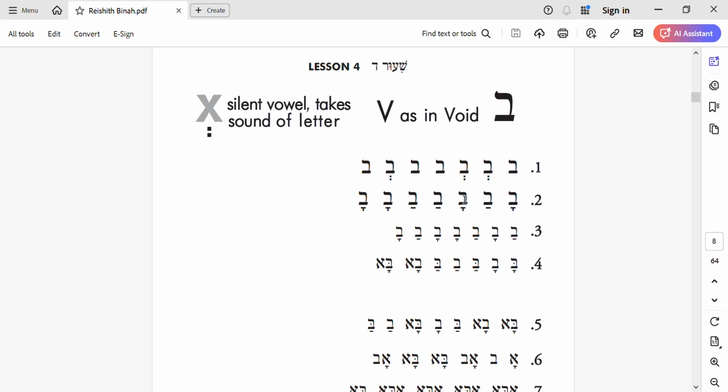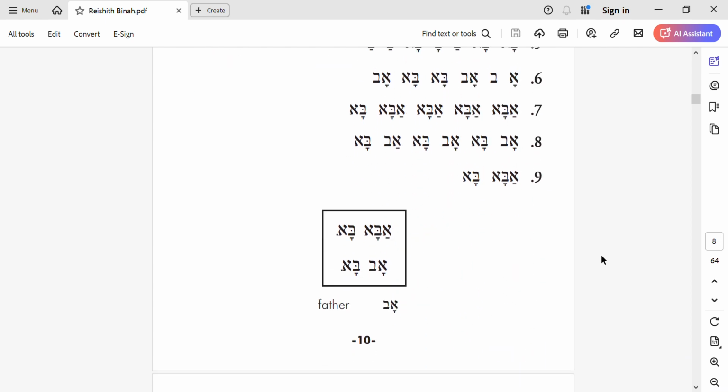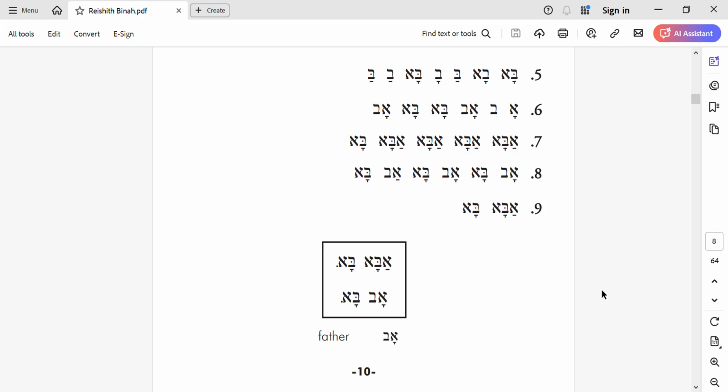You plug it in, and it makes the same sort of sound. Some more vocabulary words. Abba, we learned that before, and av, ba. So father came. So Av would be a little bit more of a formal way of saying Abba.